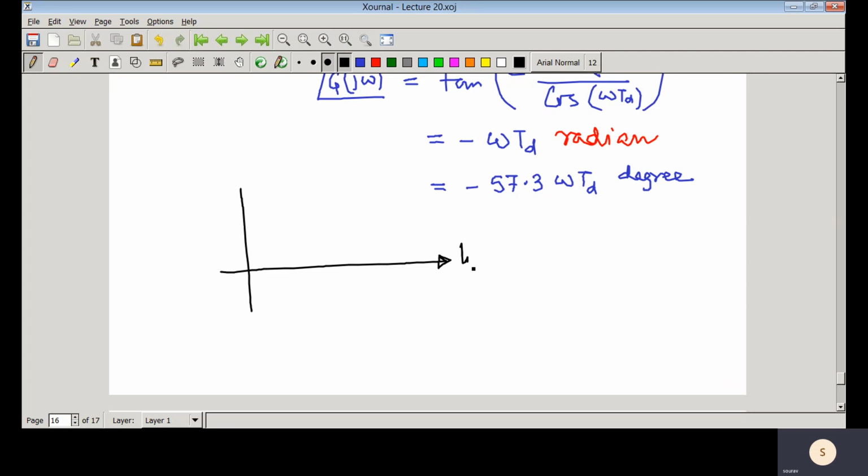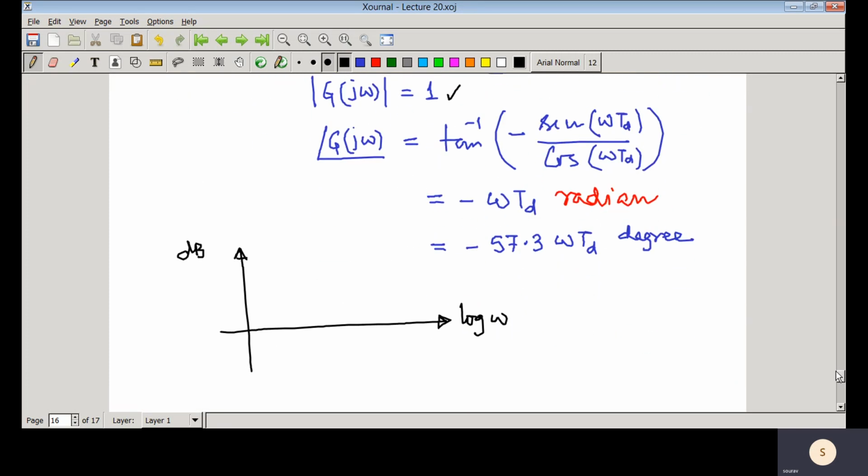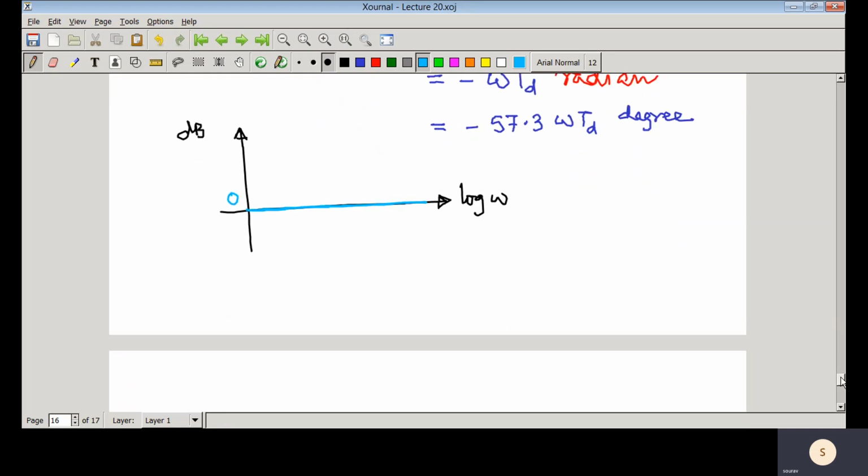Here you have log of omega, and it is in dB. As the magnitude is 1, in dB scale that would be 0. So that is 0 all through the frequency. This is the 0 dB magnitude plot.